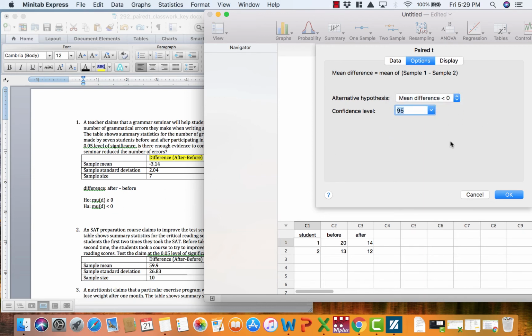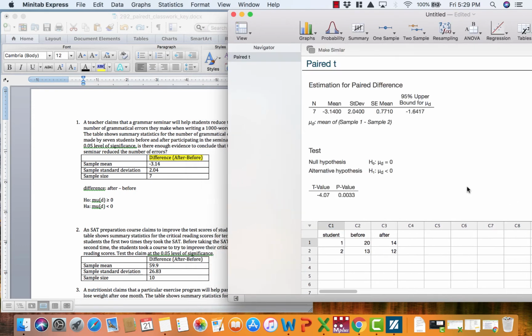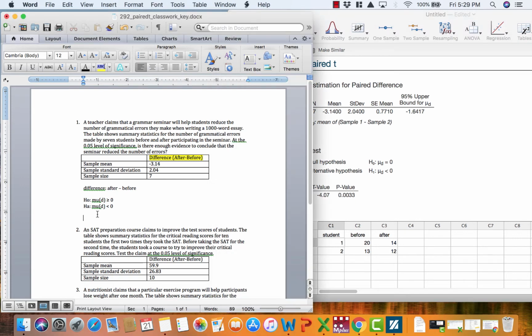We can ignore the confidence level and say okay. Notice Minitab also gives us a mu d. So again, with paired t, there's only one mu, and it's a mu d, the population mean difference. Our alternative here in Minitab matches what we have in our Word document.